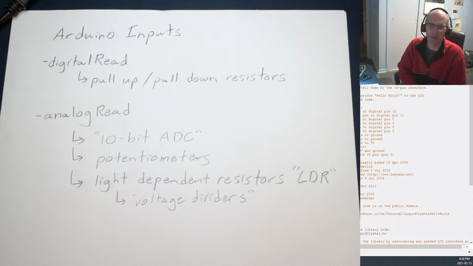And then we hooked up our LCD screens, and we used a number of data lines, a parallel data port, to get data over to our LCD screen. So this has all been about getting data out from the Arduino, and those are what we call outputs. Today, we're going to take a look at some of the inputs.